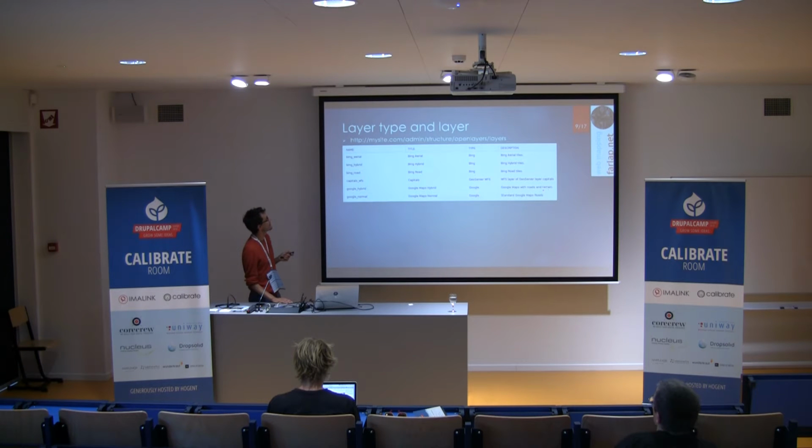So how are layers defined in Cartaro? Well, layers are objects, and layer types are classes that define the objects. So, for example, you have layer types that refer to third-party sources, for example, Bing, Google, and you also have the layer type that you were just working with in the previous demo, the GeoServer WFS.